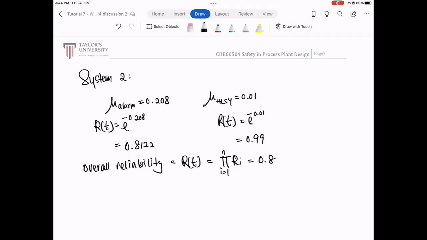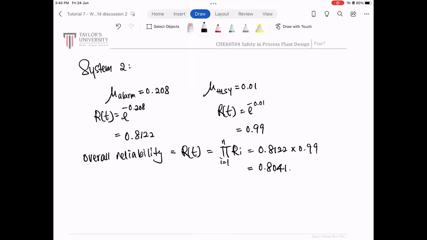So 0.8122 times 0.99 equals 0.8041. So if we are to look at what mu is, negative mu equals ln 0.8041.